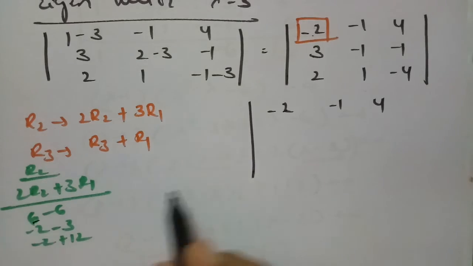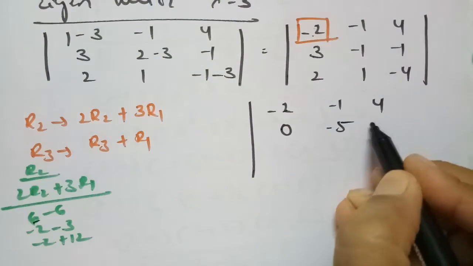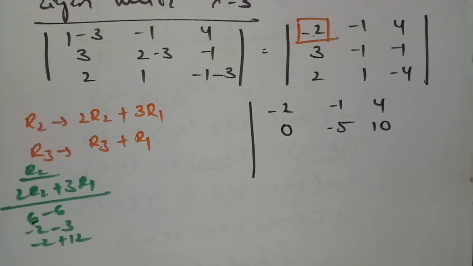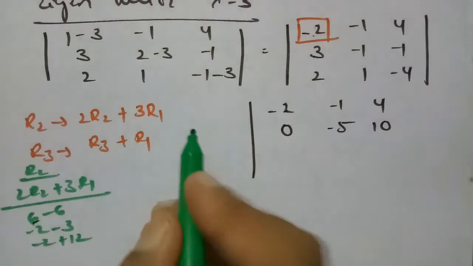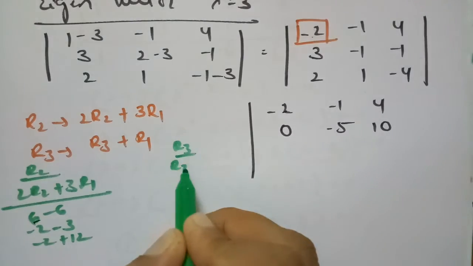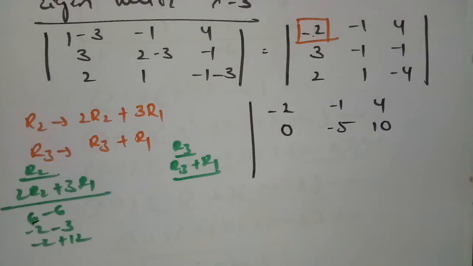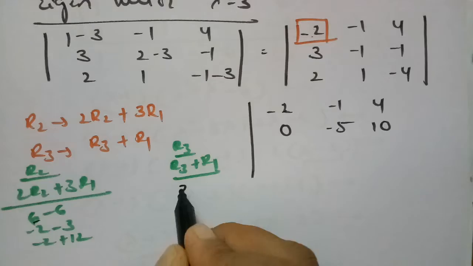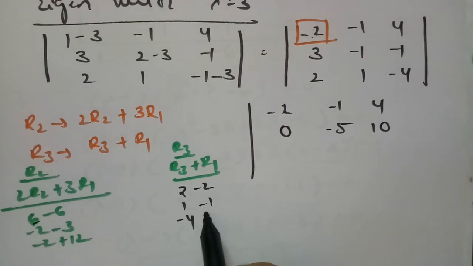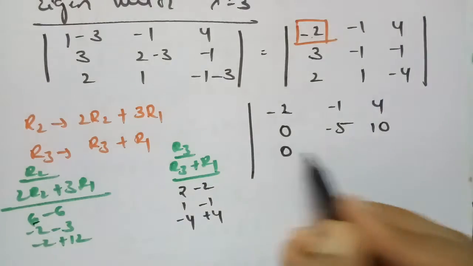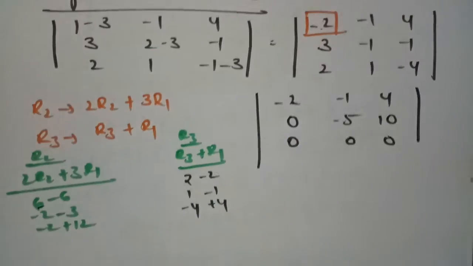So this will be 6 minus 6, 0. This is -5, and this is plus 10. And coming to R3, this is R3 plus R1. What is R3 here? This is 2, 1, minus 4 plus this one -2, minus 1, plus 4. So this is 0 0 0.